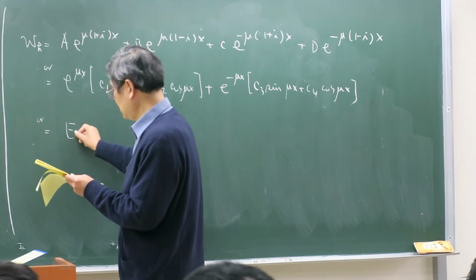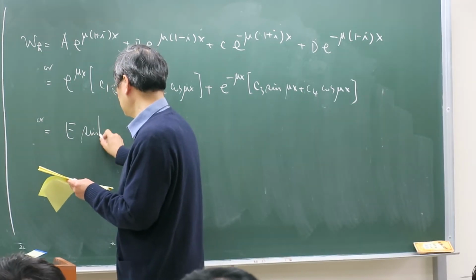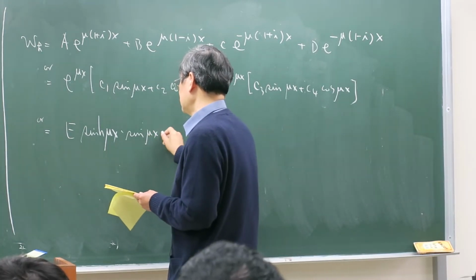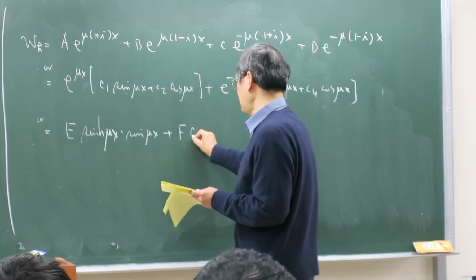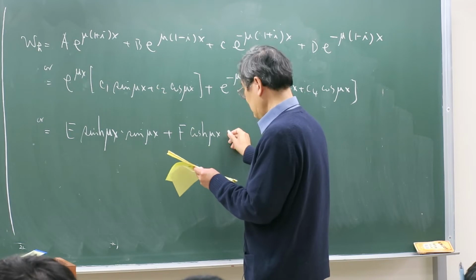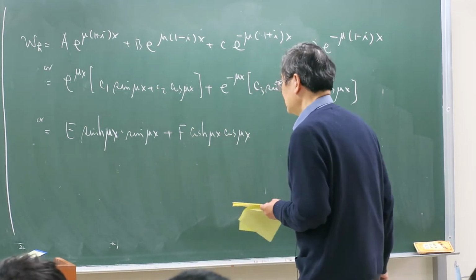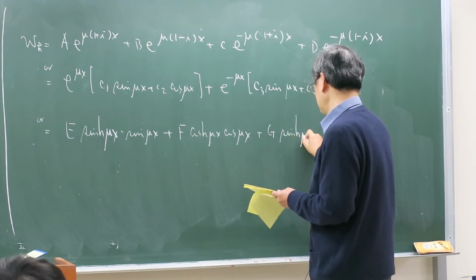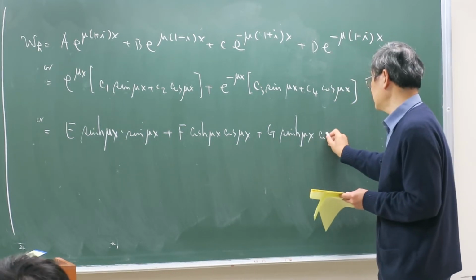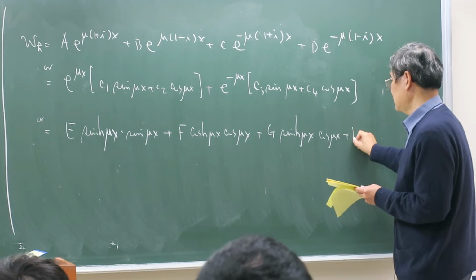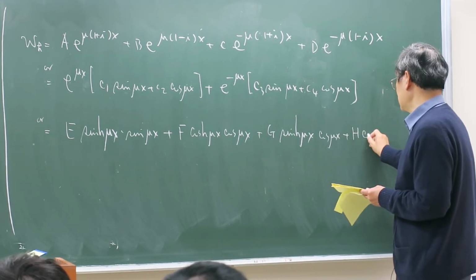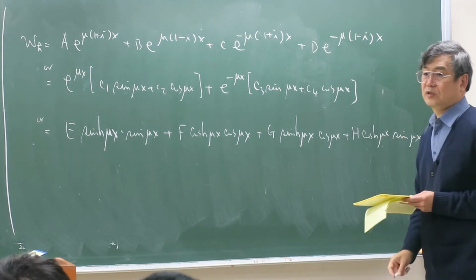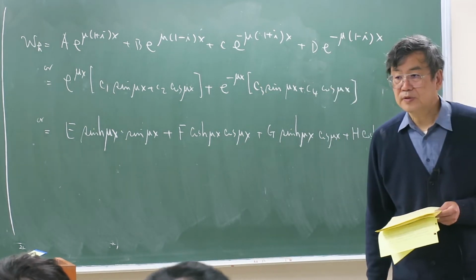It's E hyperbolic sine mu x times sine mu x plus F hyperbolic cosine mu x cosine mu x plus G hyperbolic sine mu x cosine mu x plus H hyperbolic cosine mu x sine mu x. So we have these three types of solution.